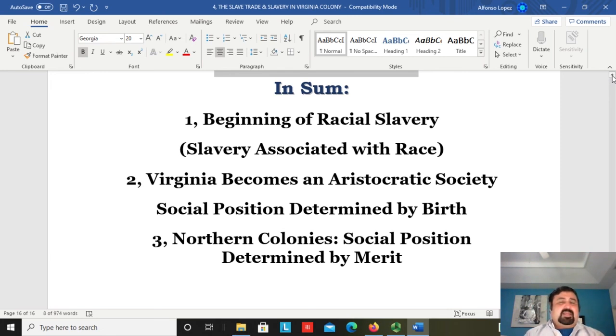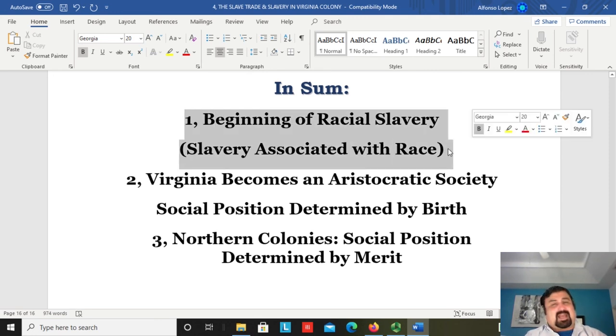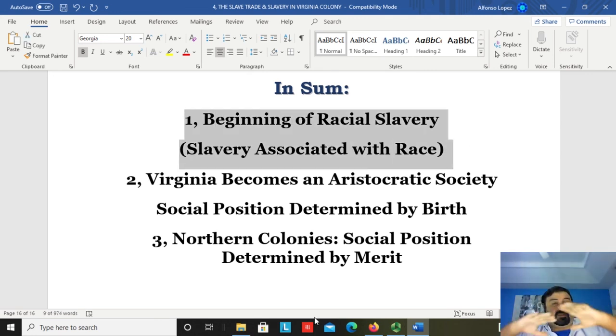So in sum, in this transformation that we just looked at, what we see is that in the 1600s, particularly in Virginia as in the rest of the Americas, is the beginning of what is called racial slavery. What that means is that prior to the 1600s, I talked about in session 1 that slavery existed virtually all over the world. Okay, there's no doubt about that.